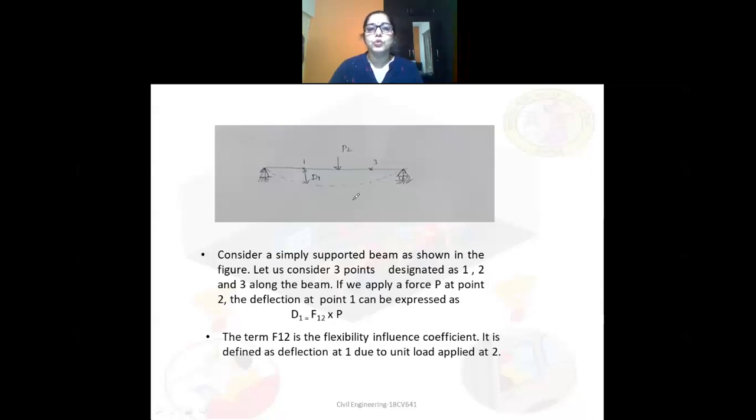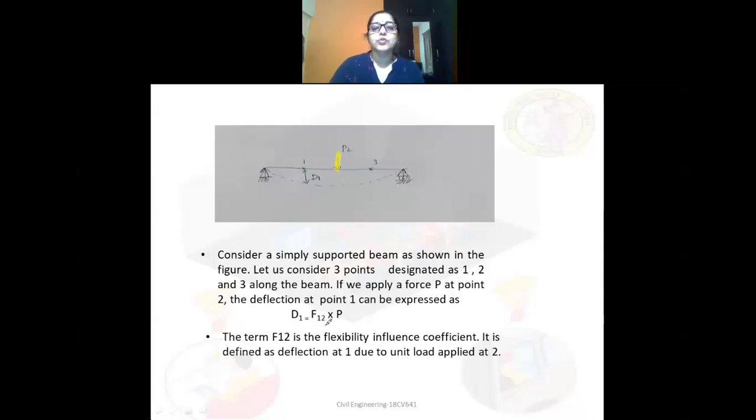If we apply a force P at point 2, what is the deflection happening at point 1? What is the displacement at 1? Therefore, displacement at 1 is equal to flexibility coefficient F12.